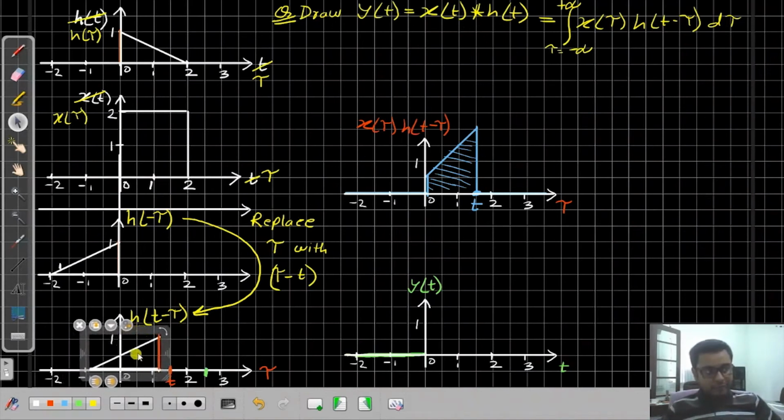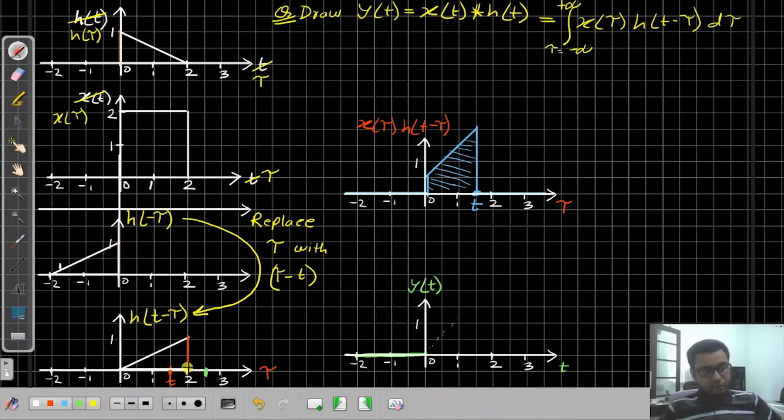So the overlap between this and x(tau) will increase, so the area under the product of h(t minus tau) and x(tau) will increase. So as time increases, output y will increase. Okay, so output will increase like this.